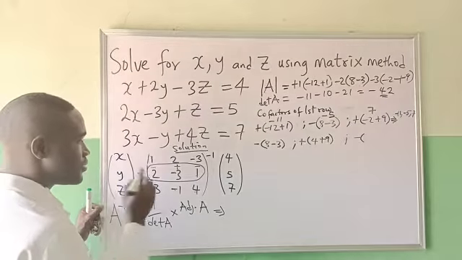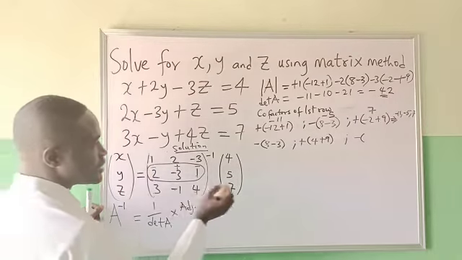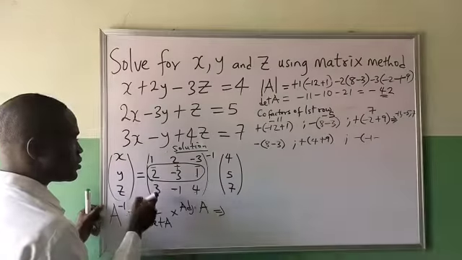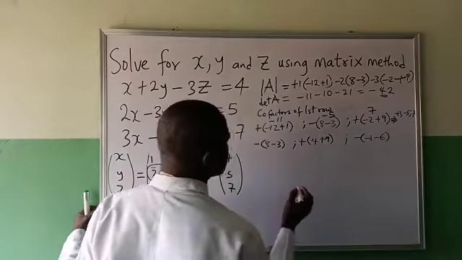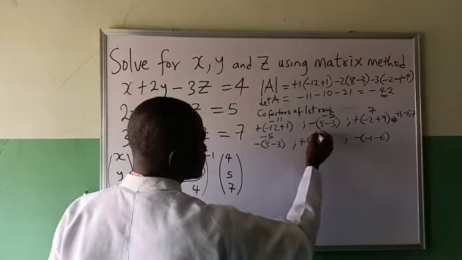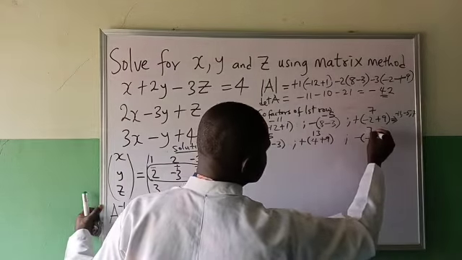If I hold the third column, I'll have 1 times this minus 1, minus 3 times 2, 6. So this will be giving me minus 5, this 13, and this 7.